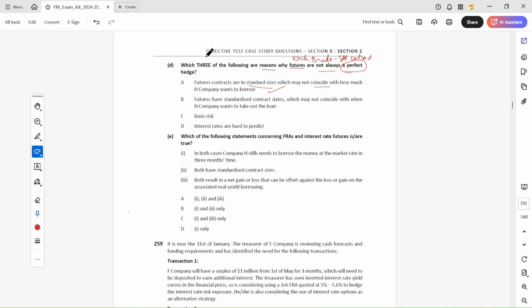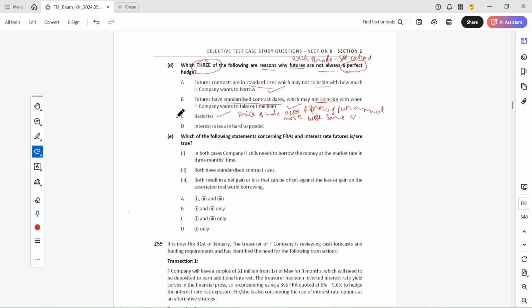Futures also have standardized contract dates that do not coincide with when the company wants to hedge. And there is basis risk, because the price of the underlying asset and the price of the future may not move by the same percentage.